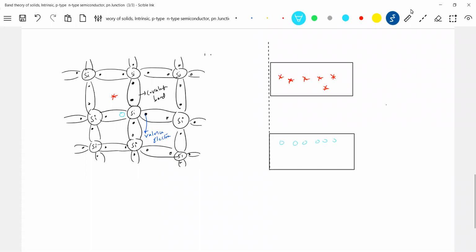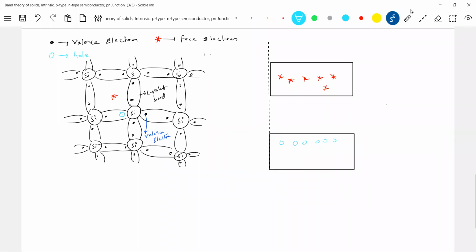Now I'm introducing this idea for the first time. So what is a dot? A dot is a valence electron. What about the star? This is a free electron. And this bubble, which the books often show as a circle, is a hole.